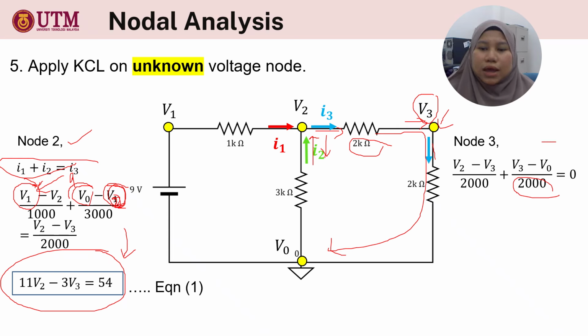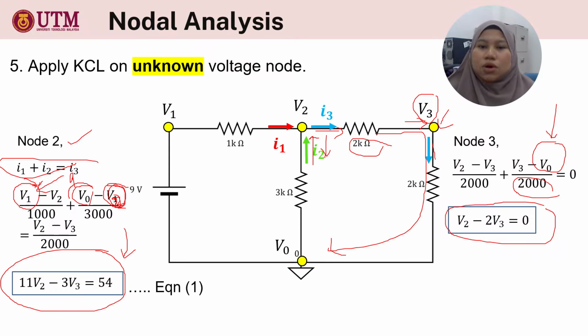Then you add and insert the numbers here, V0 equal to 0, and simplify it again and you get this equation. You must simplify this until you get this equation.